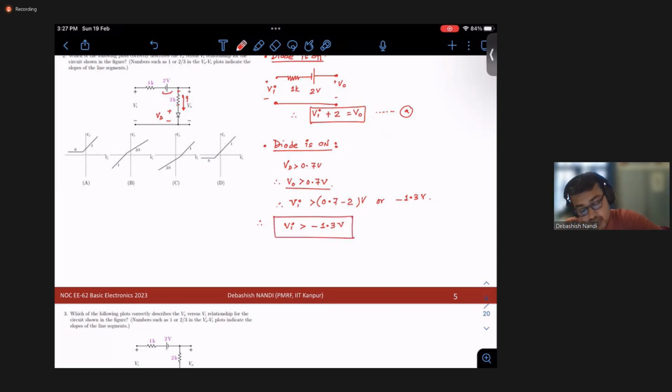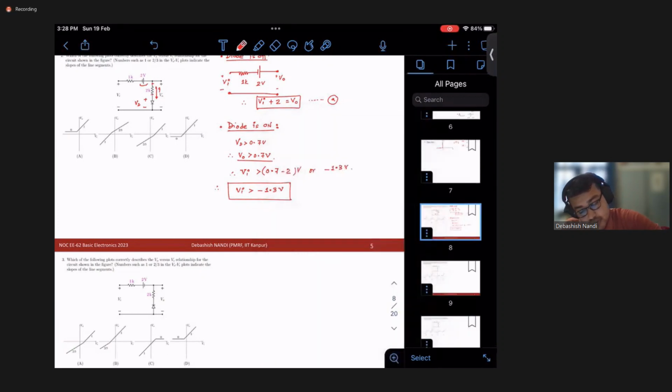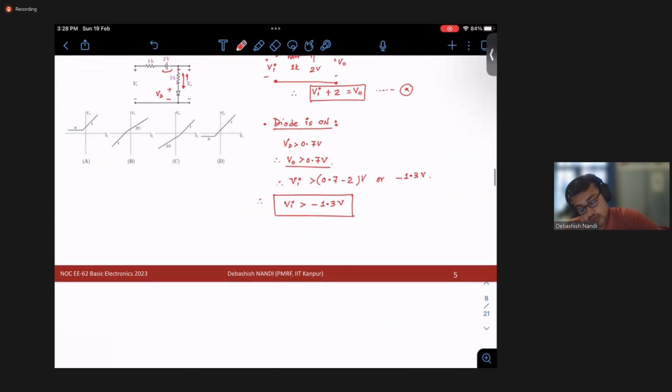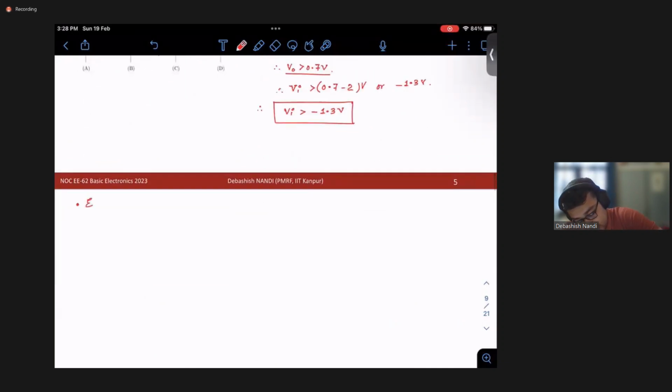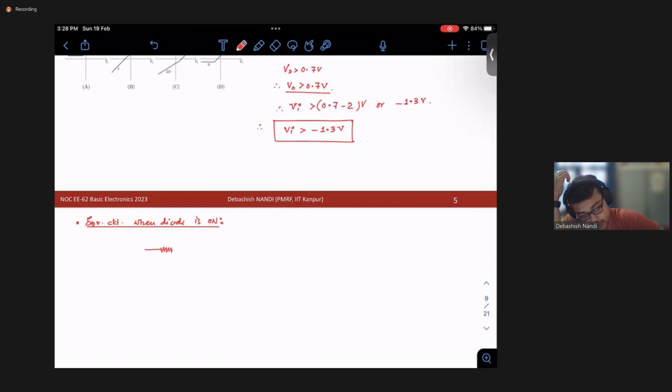Okay, now let's draw the equivalent circuit when the diode is on. My circuit will become, this is ground, right?